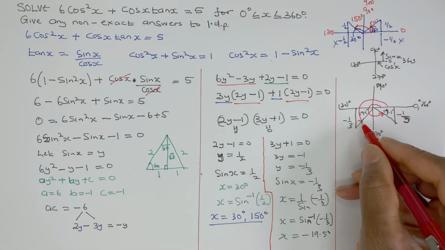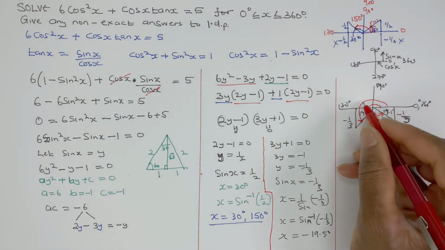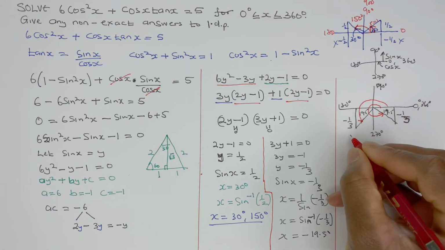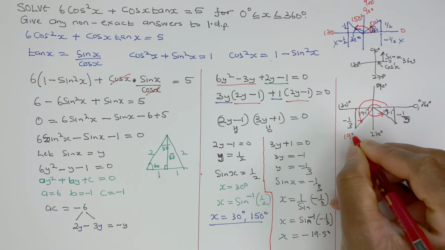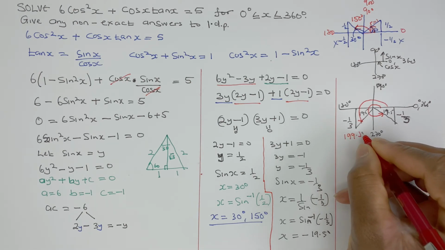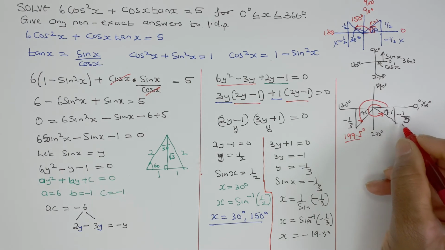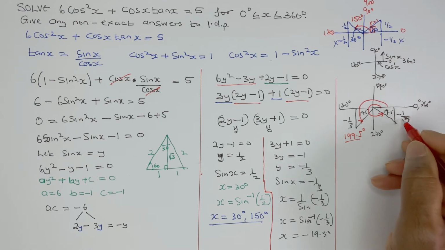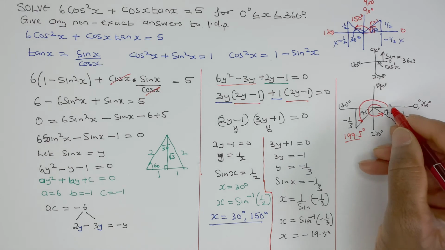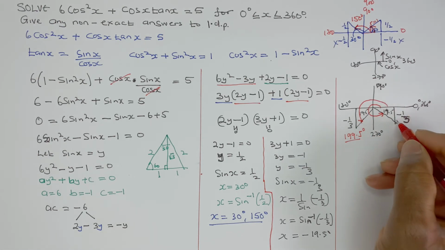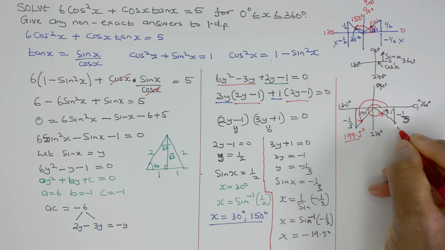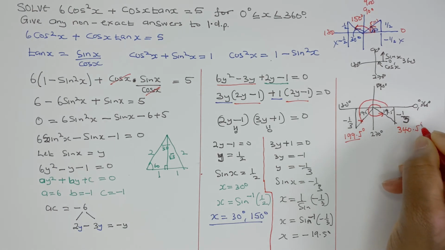And the first one is here. That's 180 plus 19.5, so this angle will be 199.5 degrees. And this angle here is 360 minus 19.5, because it's below 360. If you go all the way to 360, you're 19.5 degrees short of 360. So this will give us 340.5 degrees.